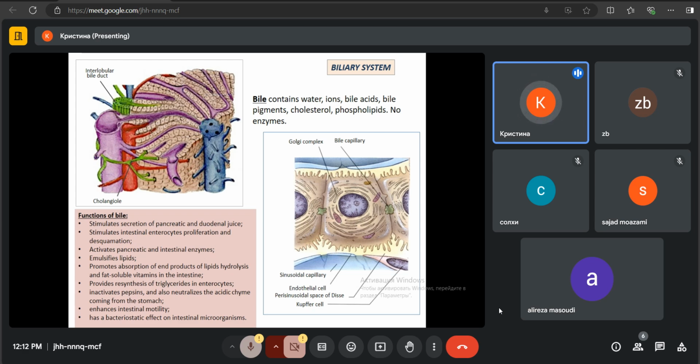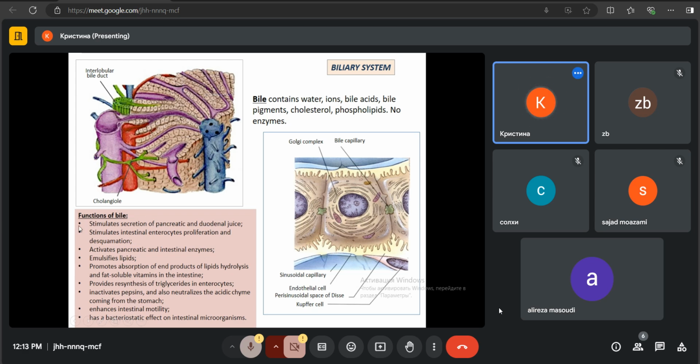So bile pigments in bile are just the waste products. Then cholesterol and phospholipids in bile also help to provide the digestion of lipids. No enzymes we have in bile. Enzymes come only from the pancreas.